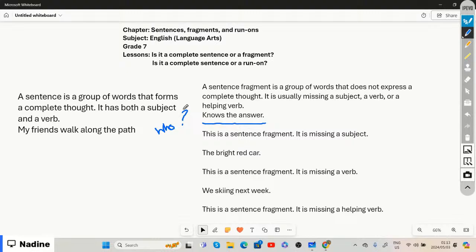And then we have "the bright red car." And this, "the bright red car," seems as if it is done.